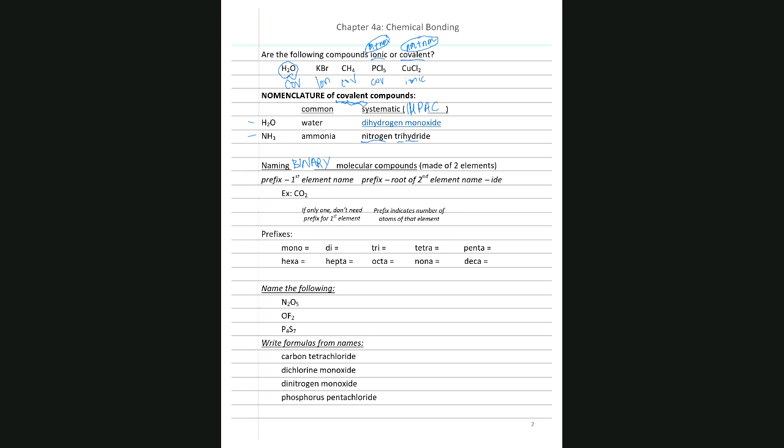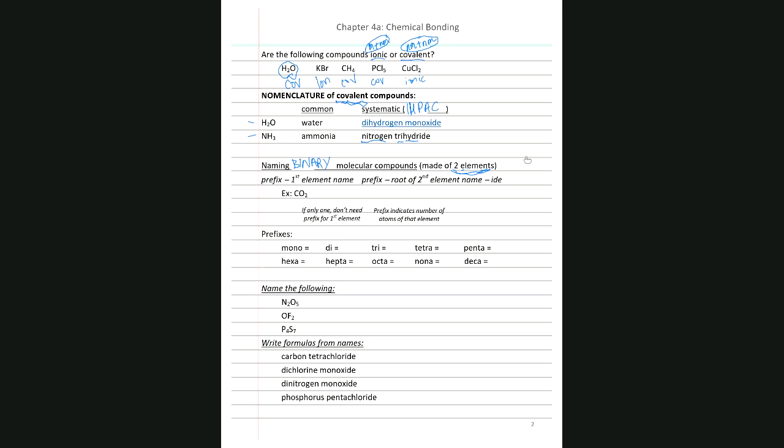That means they're made of 2 elements. Covalent compounds can be very large, and if we get to a section on organic chemistry next semester, we'll learn how to name some of those larger molecules. But right now we're just focusing on small binary compounds made up of 2 elements.